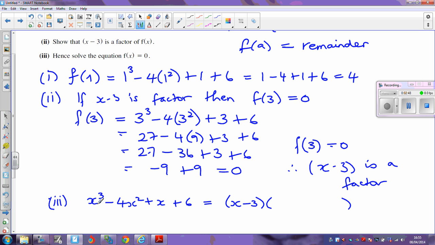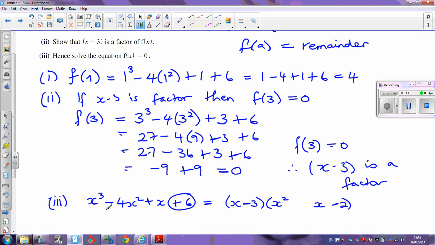Now, it doesn't take too much to figure out what goes in this bracket. This must be x squared because we've got x cubed, which must come from x multiplied by x squared. This 6 comes from this number multiplied by this number here, so this must be minus 2, which leaves us an x term to go in the middle.